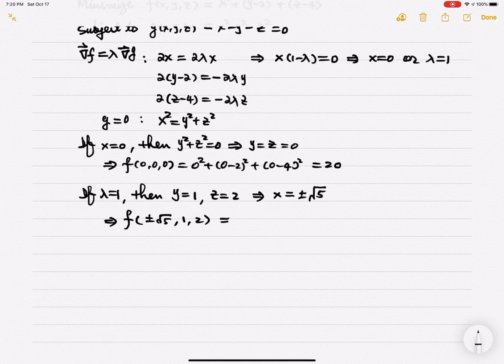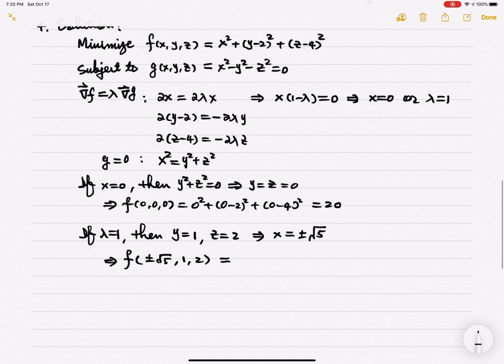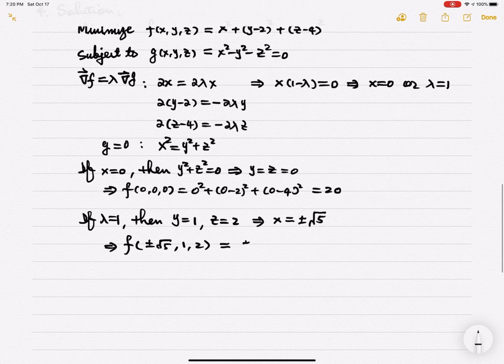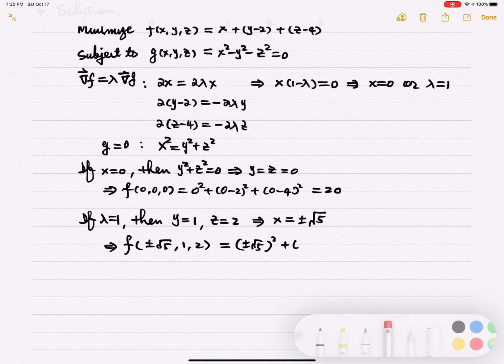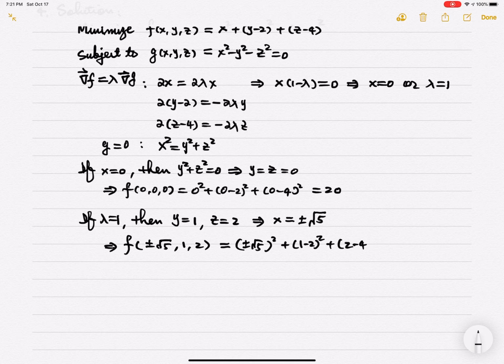This will give us the same value because the function uses x squared: (root 5) squared plus (1 minus 2) squared plus (2 minus 4) squared. Root 5 squared is 5, 1 squared is 1, 2 squared is 4, so that's equal to 10.